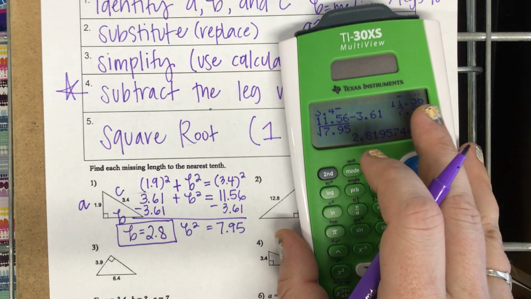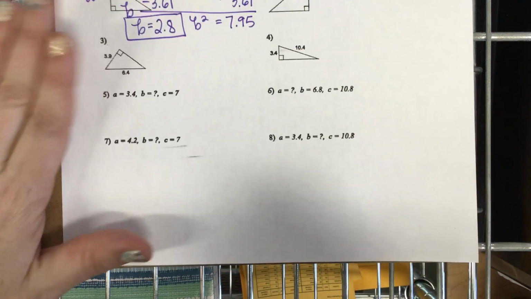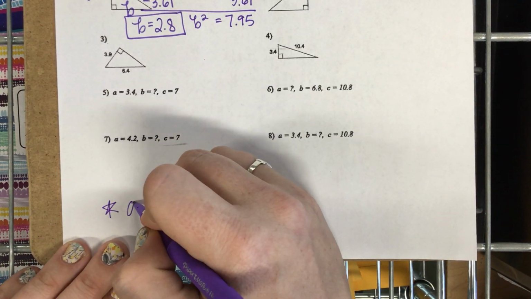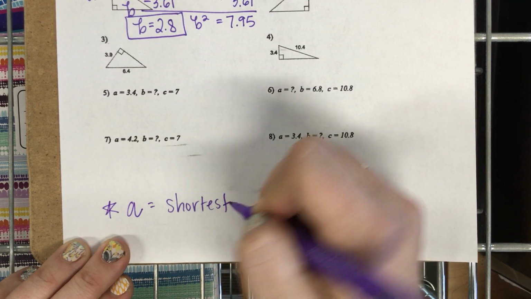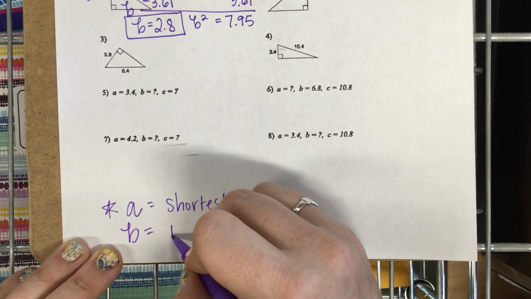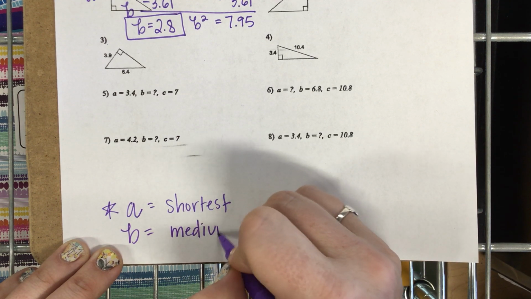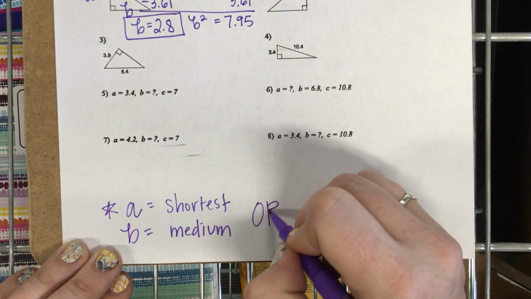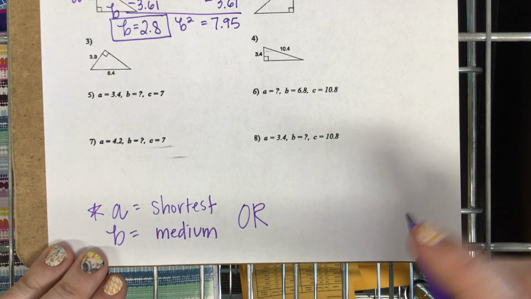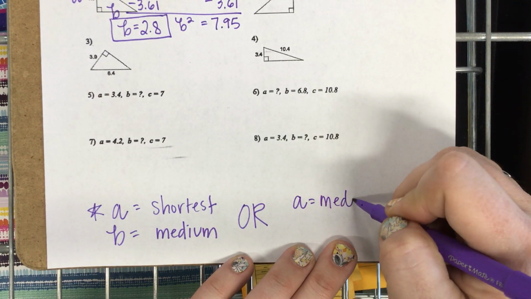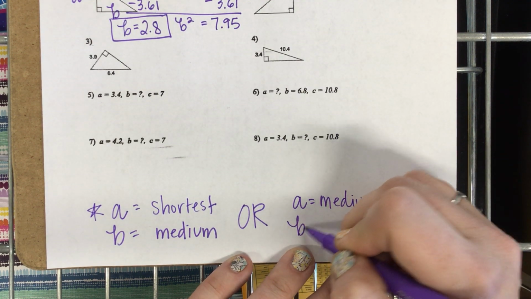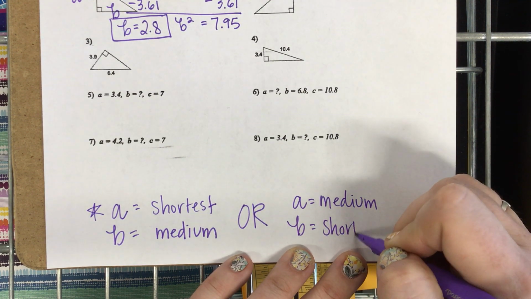Now, what you need to be aware of is that A is the shortest side and B is the medium side. Or you can flip-flop them. A could be the medium, or B could be the shortest.